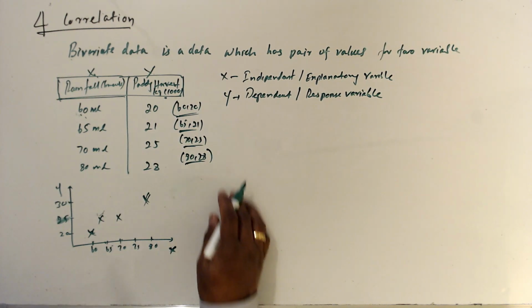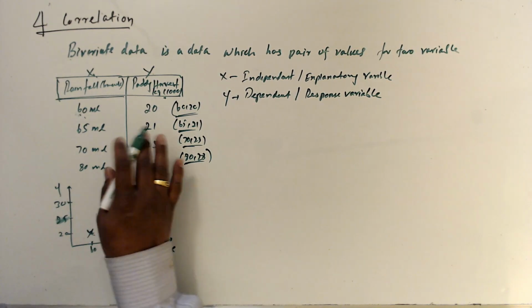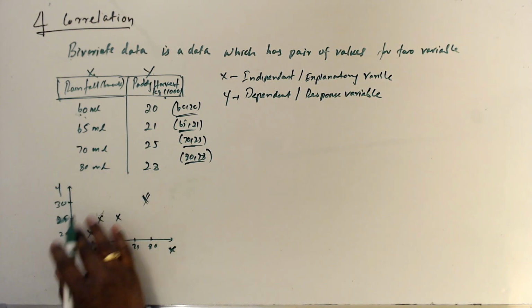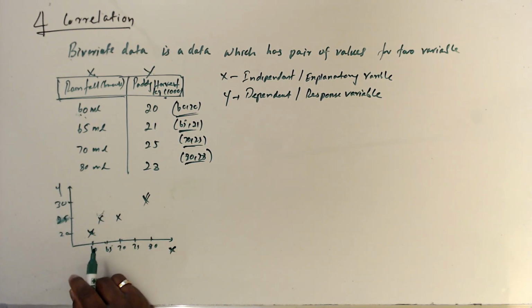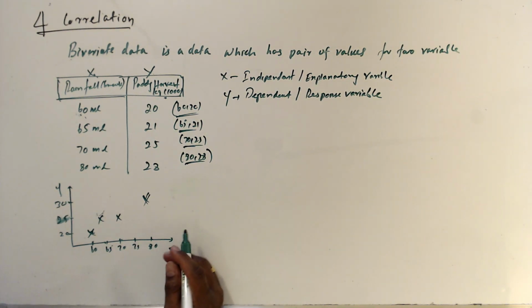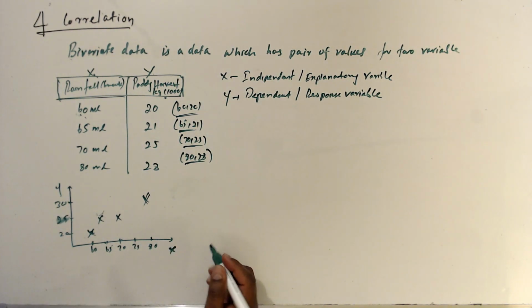When you put bivariate data like this in a scatter form, then we can study the linearity, or the linear relationship between those two variables.